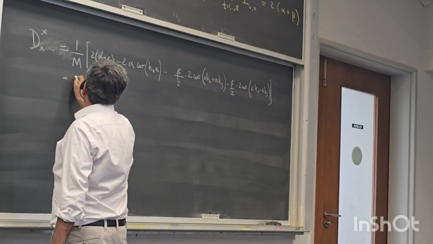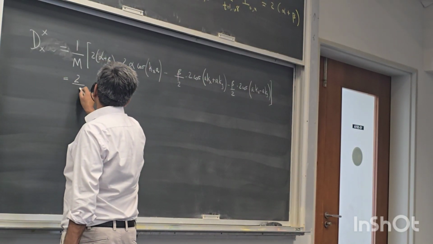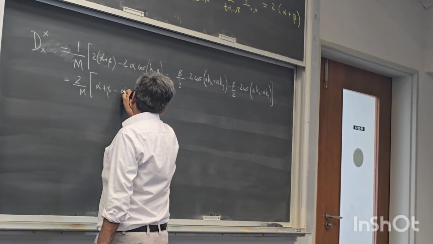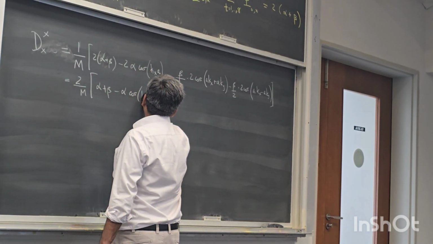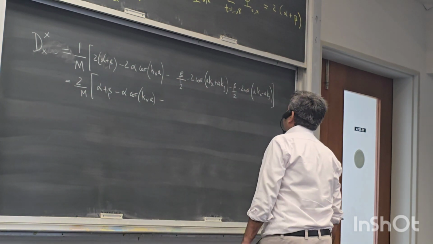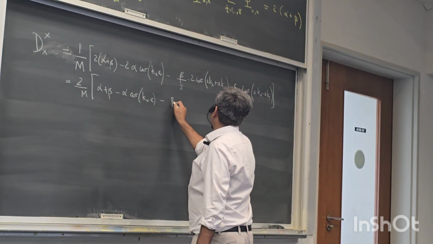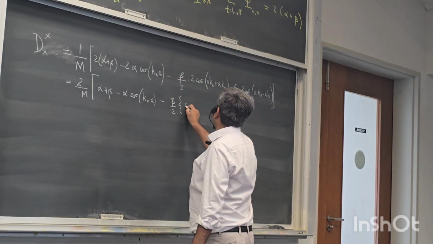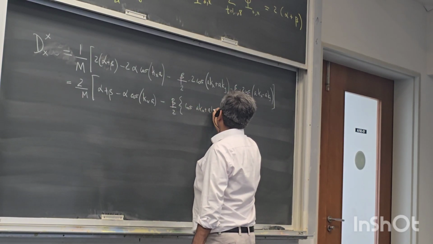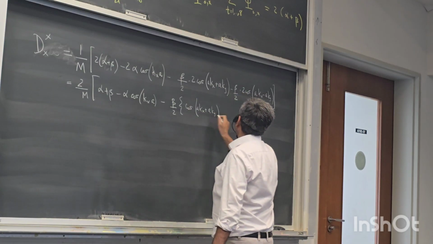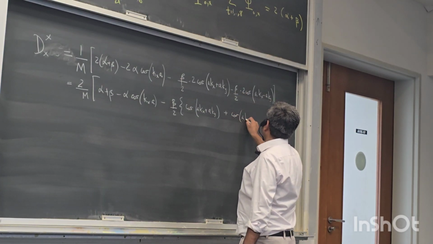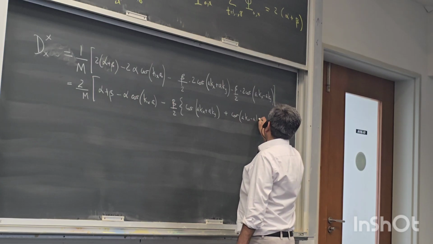I can take my 2 over m as common: 2 over m, alpha plus beta minus alpha cosine of kxa, minus beta over 2, cosine of akx plus aky plus cosine of akx minus aky.